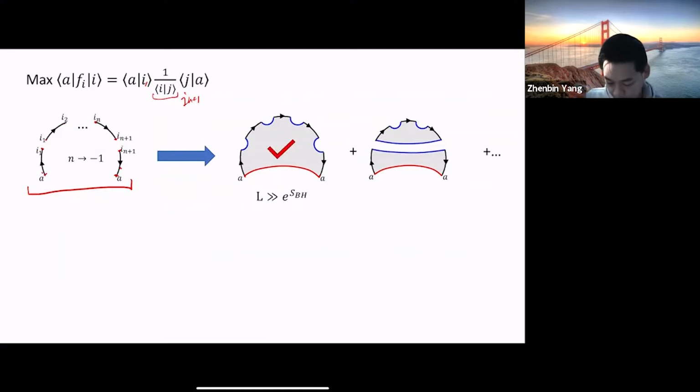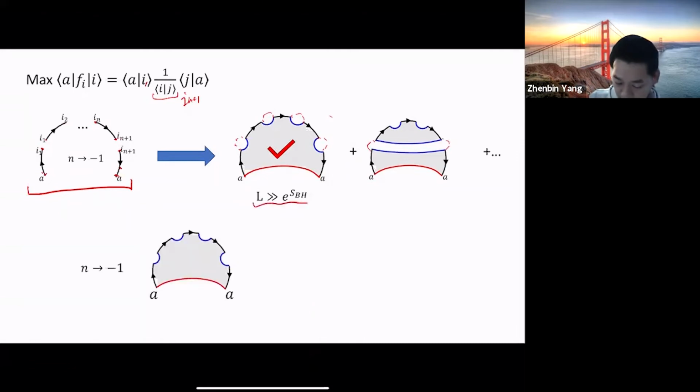If we look at the limit where the number of basis states L is much bigger than e to the S black hole, then only the fully connected geometry dominates, simply because you want the maximal index loop you can have. By disconnecting the geometry, the powers of L will decrease. So in the limit where L is much bigger than e to the S black hole, only the fully connected geometry dominates.